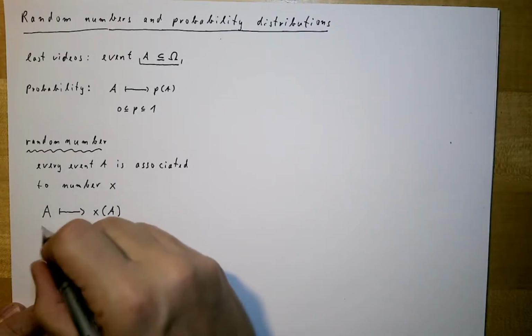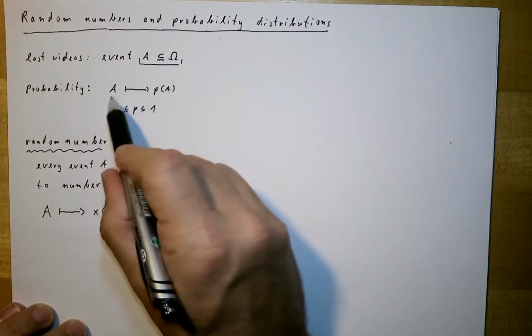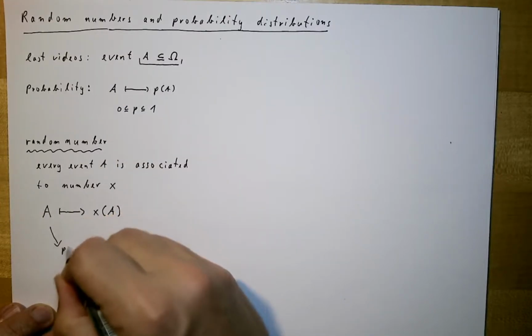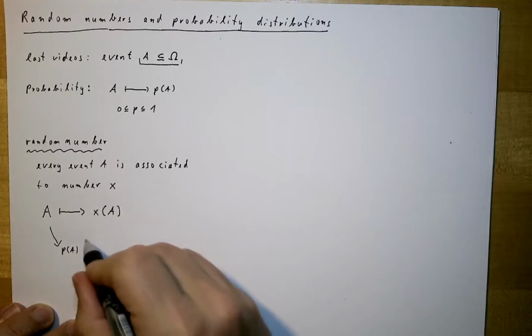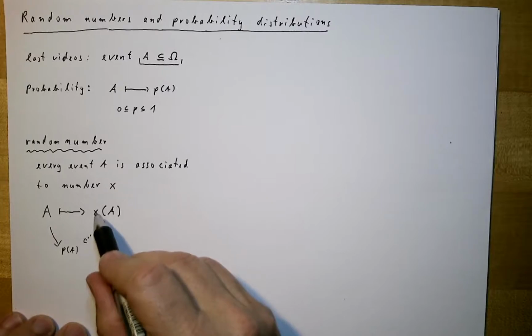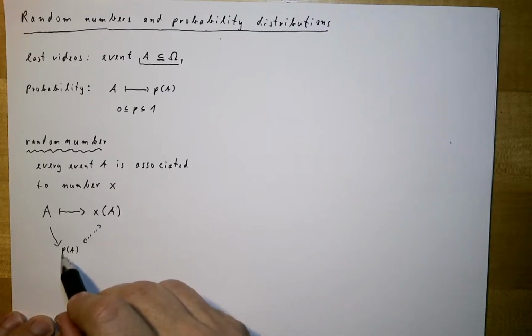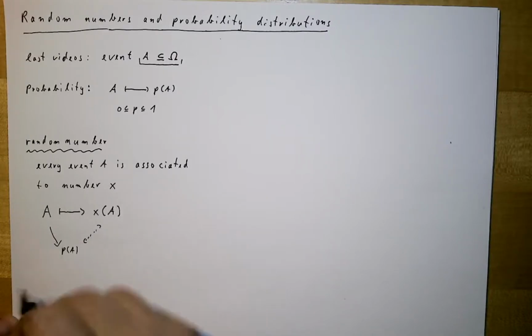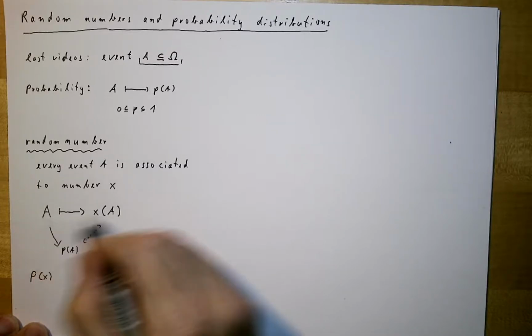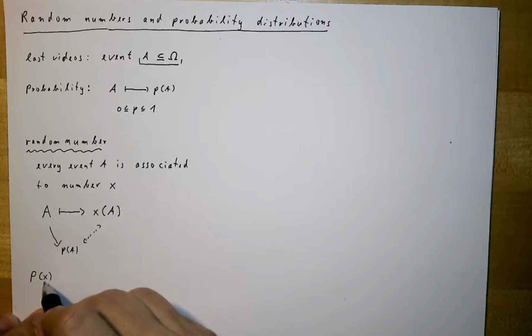Since we have seen before that every event is also mapped to a probability P of A, by this relation we see that every number is also associated to a probability. So for every number x, by this mapping we get the probability P of x.